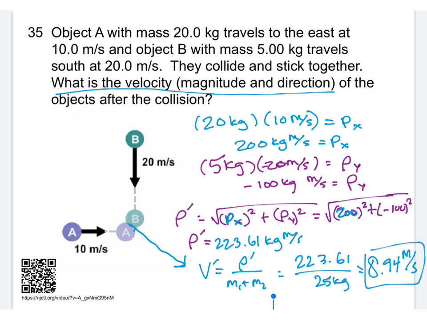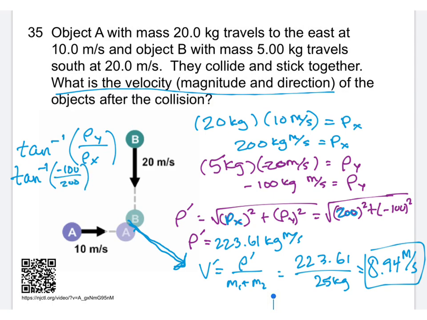How can we calculate this angle right here? Tangent inverse of what? Of momentum in the y direction divided by momentum in the x direction. Negative 60, I'm guessing. I'm gonna say 40. So we've got tangent inverse of our momentum in the y was negative 100, and in x was 200.